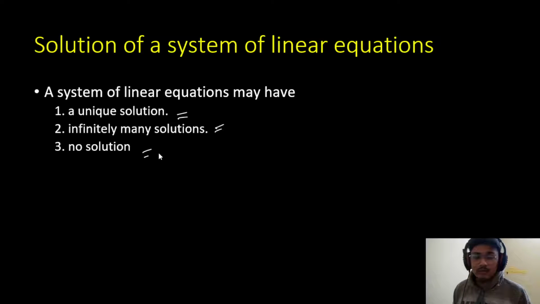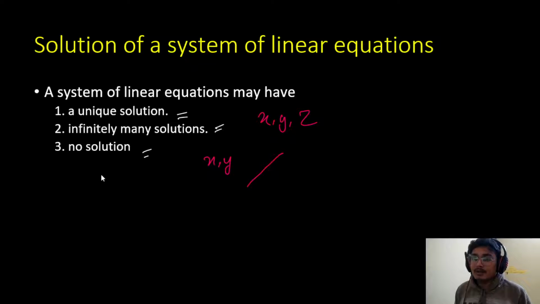One more thing here: we are talking about three variables, that is x, y, z. So the equation which forms will be of a plane. When we have two variables, x and y, the equation will be of a line.